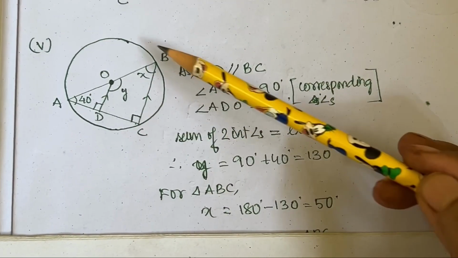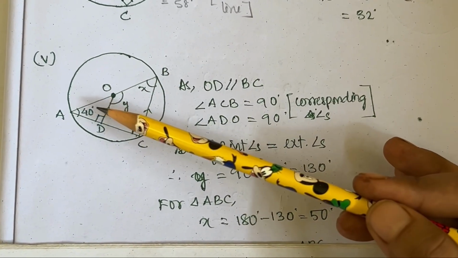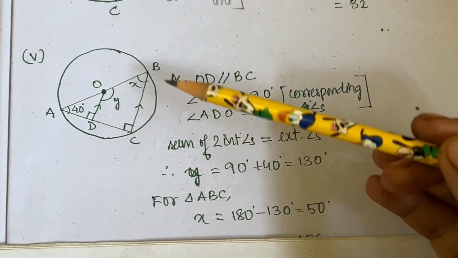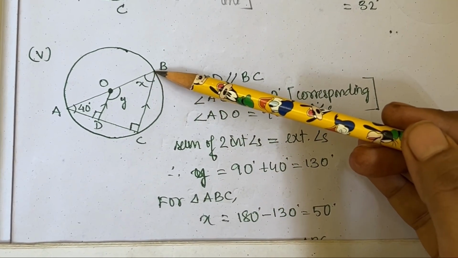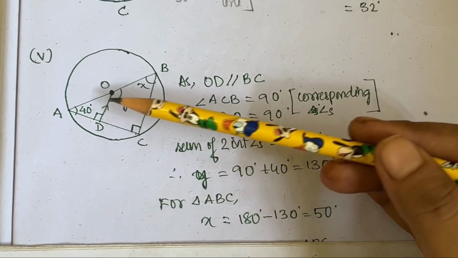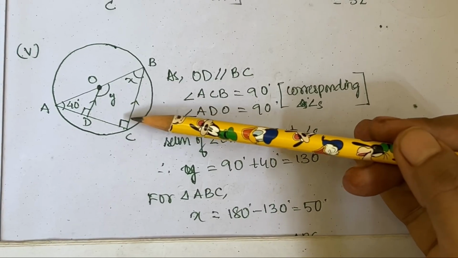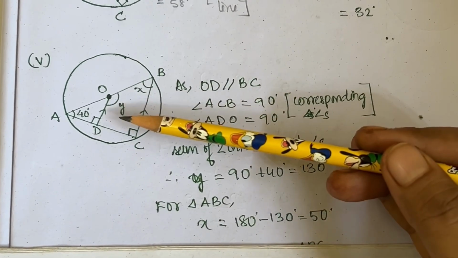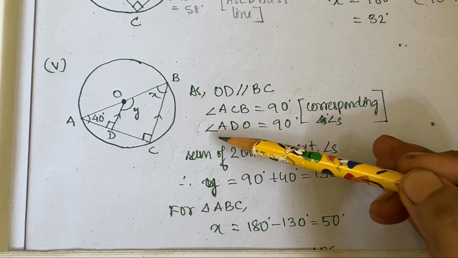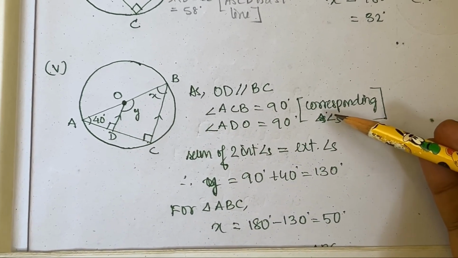This is the figure for the fifth sum, and here as you can see I have named the triangles. I prefer giving names because it helps with the sums easily. As you can see, BC is parallel to OD. So angle C and angle D will be 90 degree because they are corresponding angles. So angle ACB is 90 degree and angle ADO is 90 degree because they are corresponding angles.